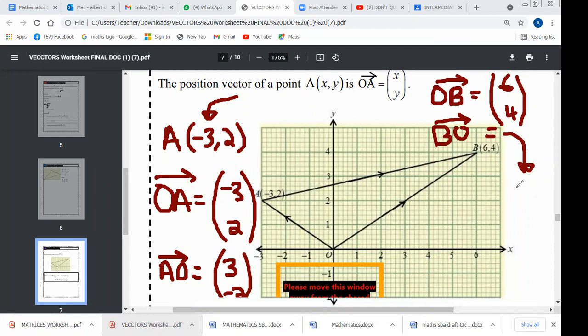And what is BO? -6 and -4. Awesome. Very good.